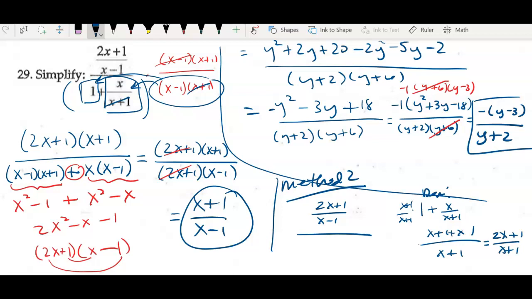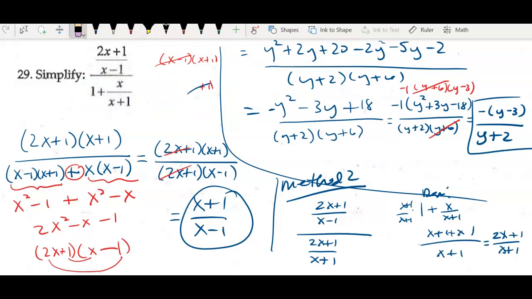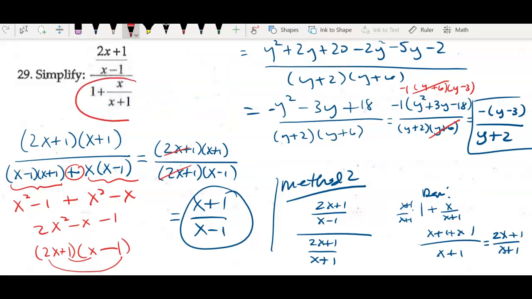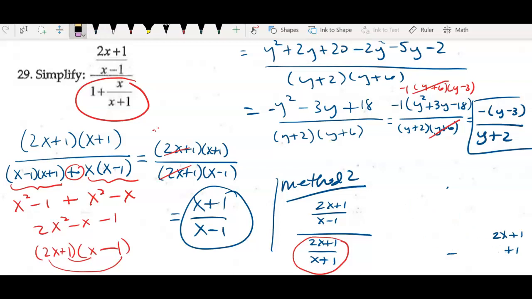So if I replace my denominator, because I brought that together, and I replace it with 2x, all I did in this method was to take this denominator and make it one fraction. That denominator became that. Okay? In doing that, what that lets me do is a simple division.